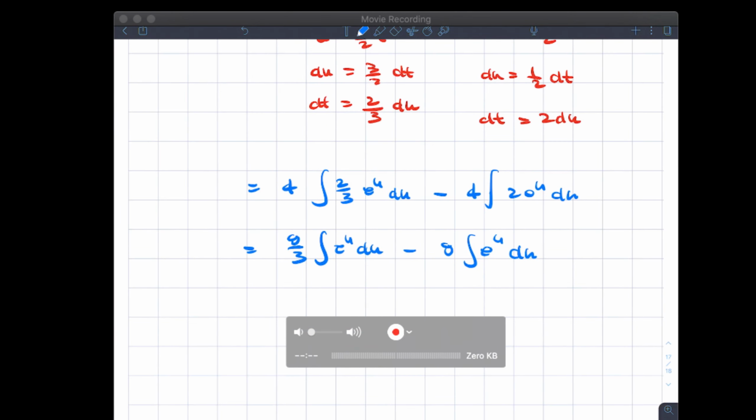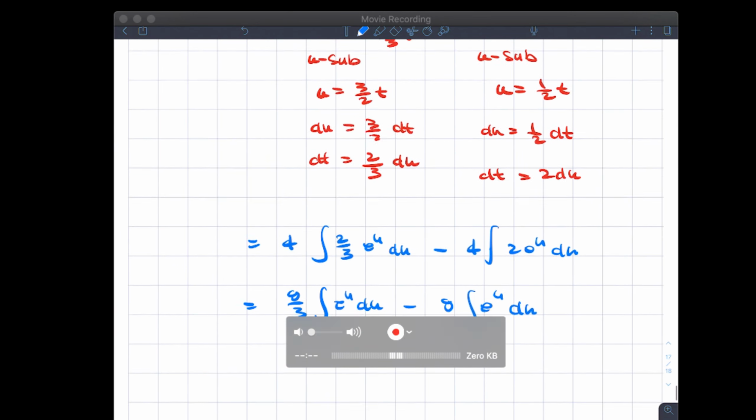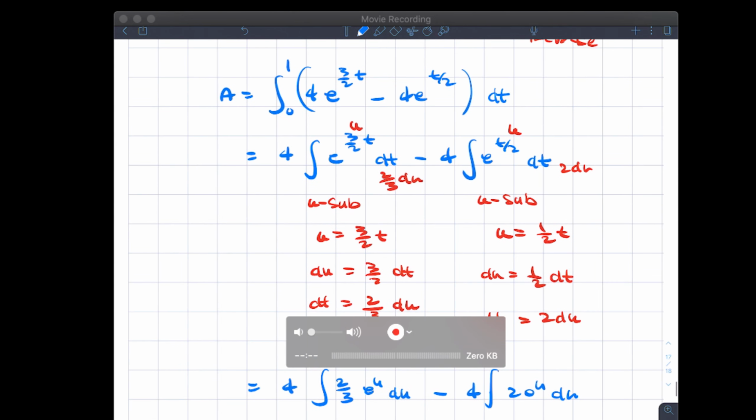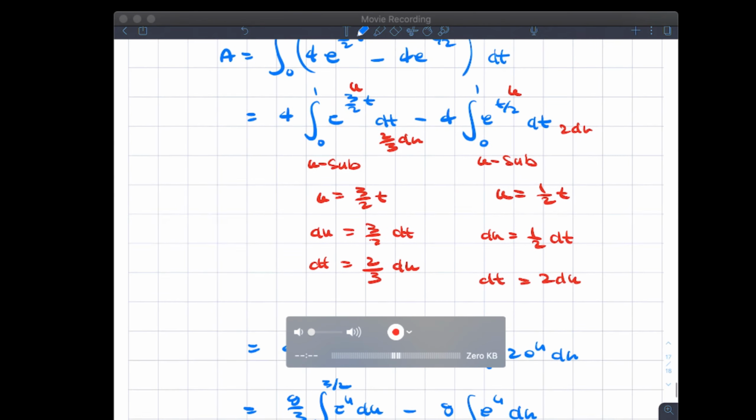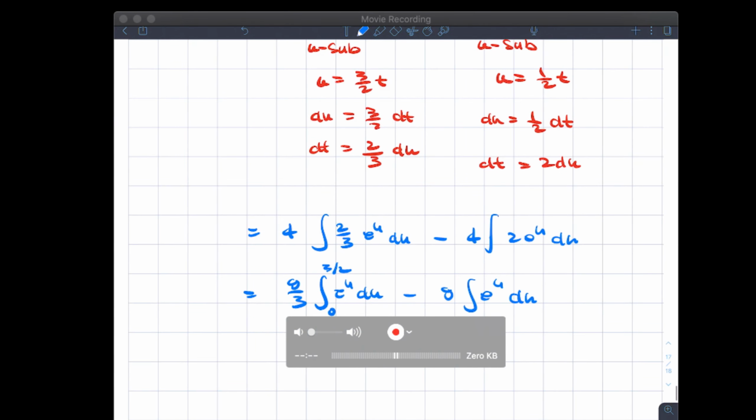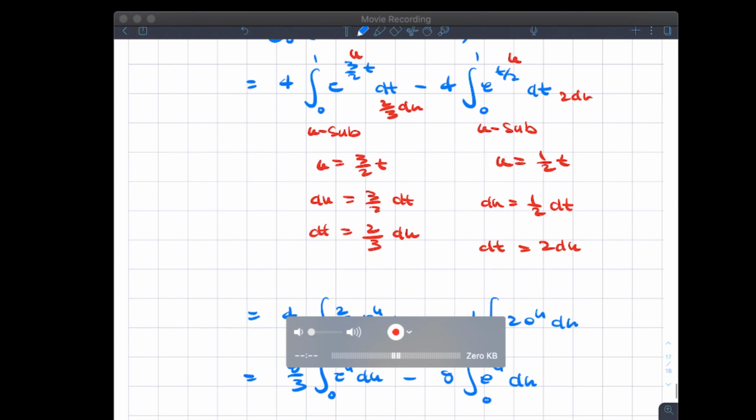And you go about it, you know, if you want, you could change your limits. Remember, this is t is 0 and 1. So we get 0 for the lower limit and 3/2 for the upper limit. And for the other one, 0 and 1/2, because I have to change those limits. Different t values here.